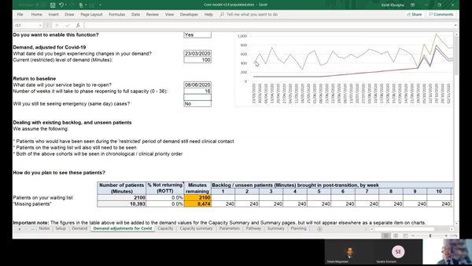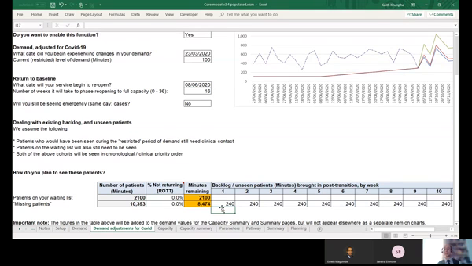The gap between that and what we actually were seeing represents a cohort of patients who we might reasonably expect to have needed some form of clinical intervention, and probably will in the not too distant future. Because they're not registered, they represent a hidden cohort that might be a surge that you see later on. So what we've done here is just allowed you to quantify it in the first instance, and then phase them over a set period of weeks.